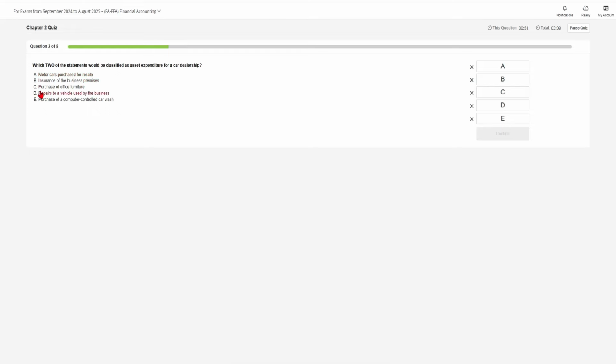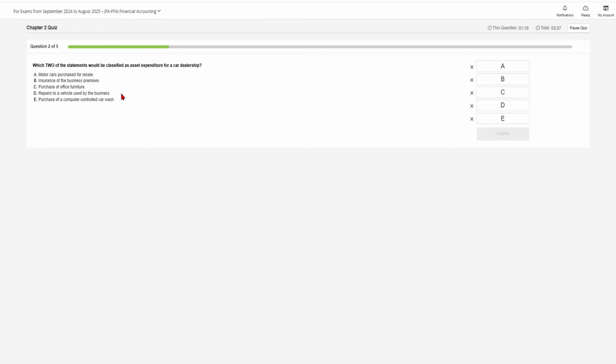So it's incorrect. Insurance of the business premises. If we are paying insurance, that's an expense, because we are going to pay the insurance company. Now, purchase of office furniture. Obviously we are going to use this furniture for more than 12 months, and it's an asset. Repair to the vehicle used by the business. Again, repair is an expense.